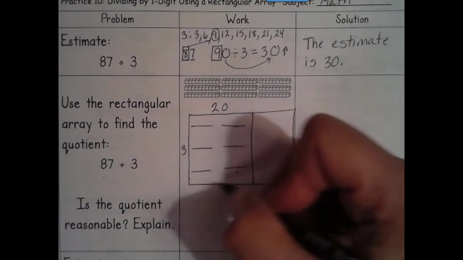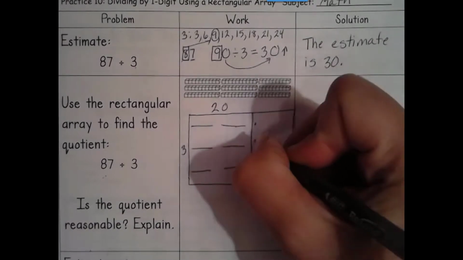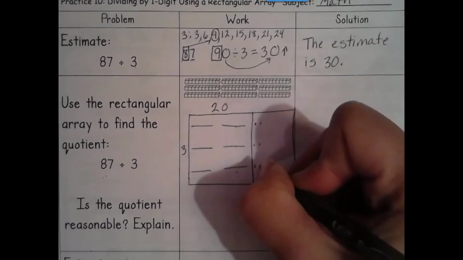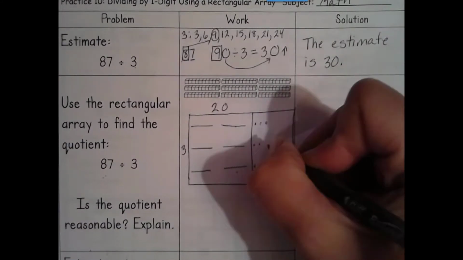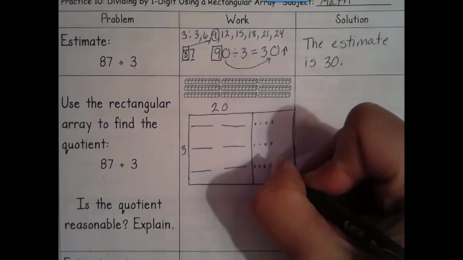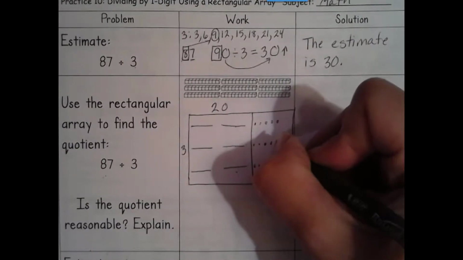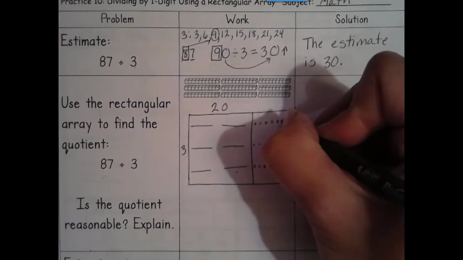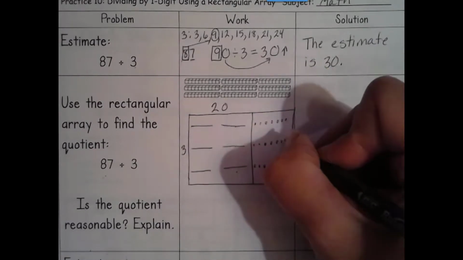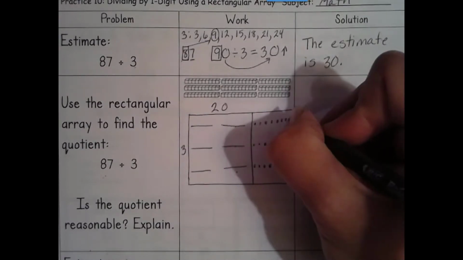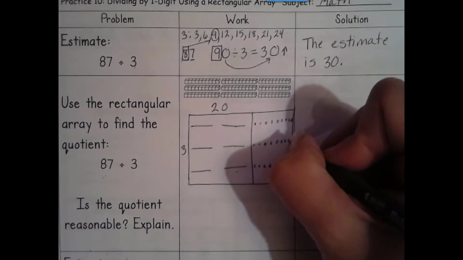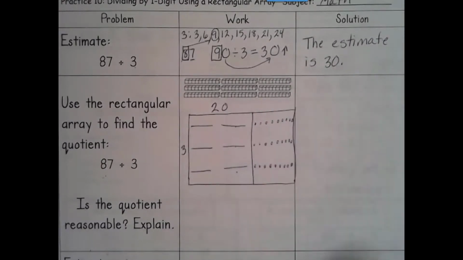But to get to 87, because I have 60 here, 61, 62, 63, 64, 65, 66, 67, 68, 69, 70, 71, 72, 73, 74, 75, 76, 77, 78, 79, 80, 81, 82, 83, 84, 85, 86, 87.